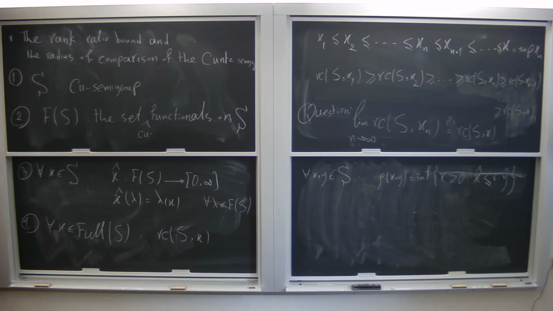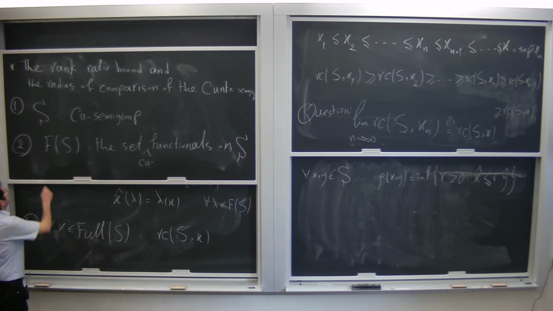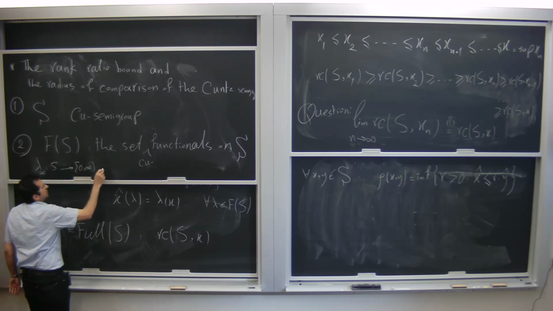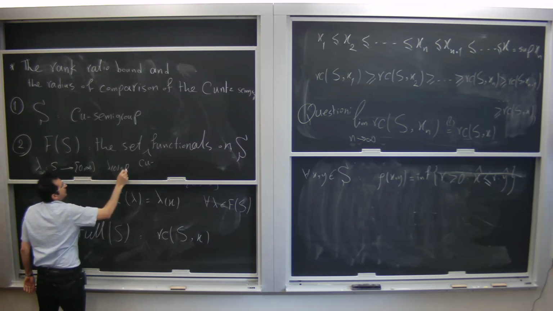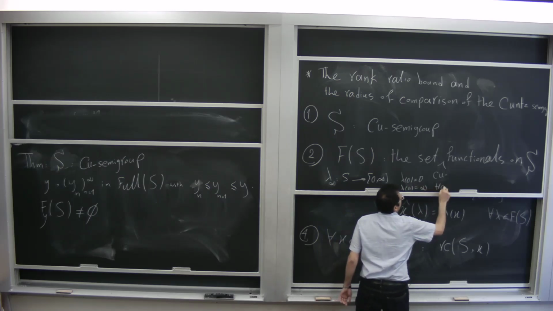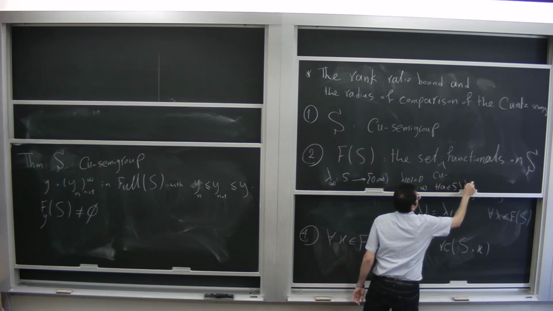So what that means: F of S means all Cuntz functionals on S, and if I put Y, it means all Cuntz functionals which are normalized at Y. Because, for example, this can be a functional, which we denote by lambda infinity from S to 0 and infinity, such that lambda of 0 is 0 and lambda of A is infinity for any A in S except 0.